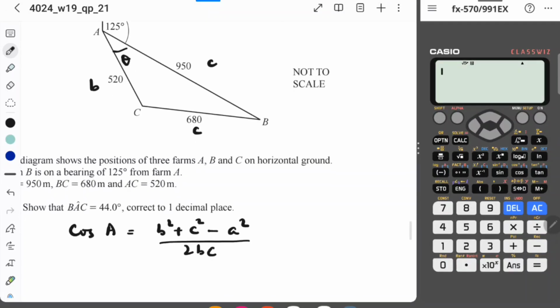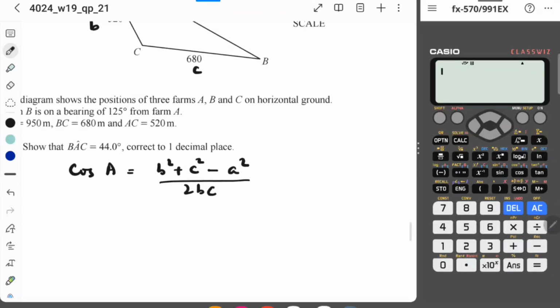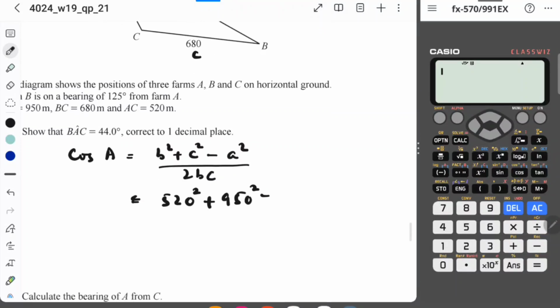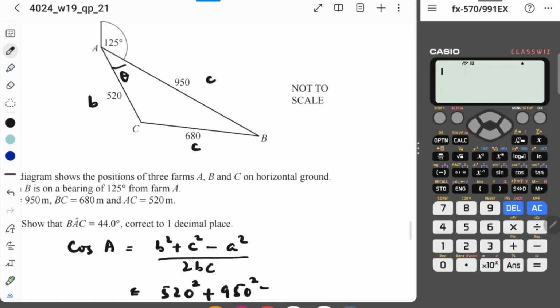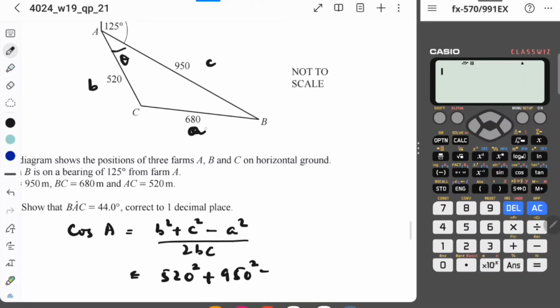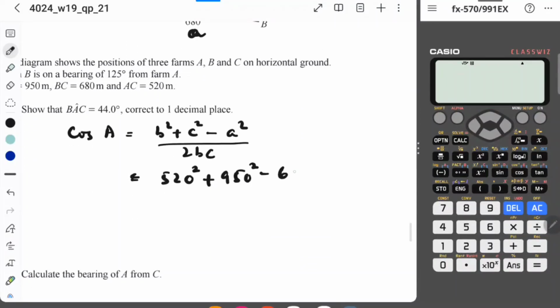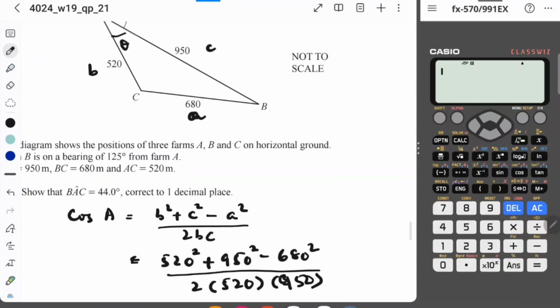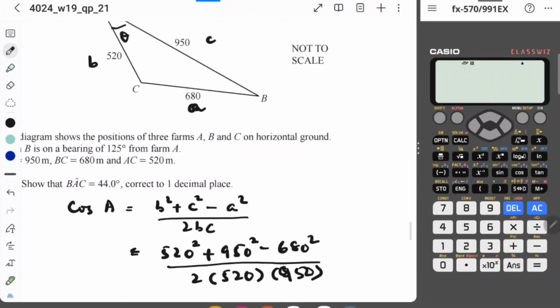Substitute the value, which is b and c is 520 and 950, and your a is 680. So 680 square upon 2 times 520 and 950. Just look at the numbers again: 520, 950, 680, 520, 950.